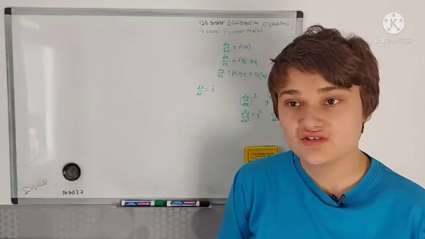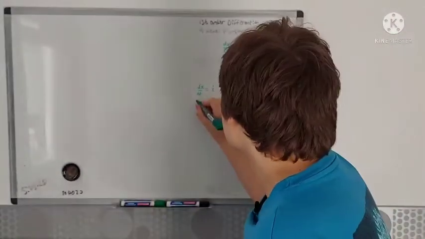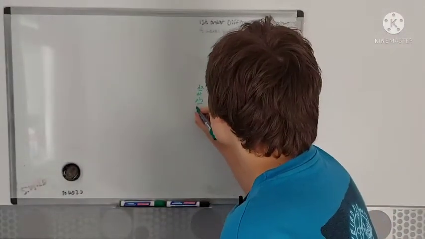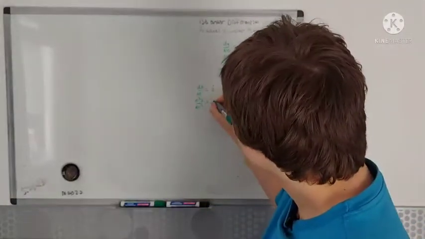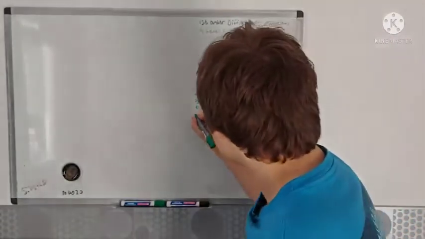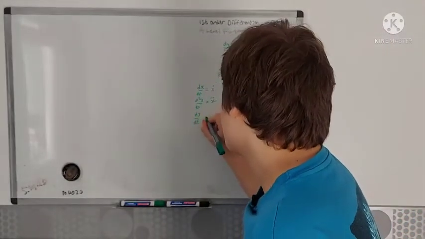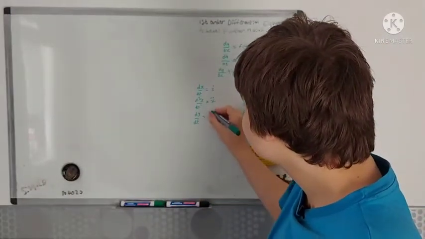You might write that, which is fine, but I don't really see it a lot. You might see it in exam papers, which is why I want to mention it. d2x by dt squared, for example, is another example, but as we've got two dots, as it's the second derivative, and obviously, as you can probably guess, dy by dt will just be y dot, like so.